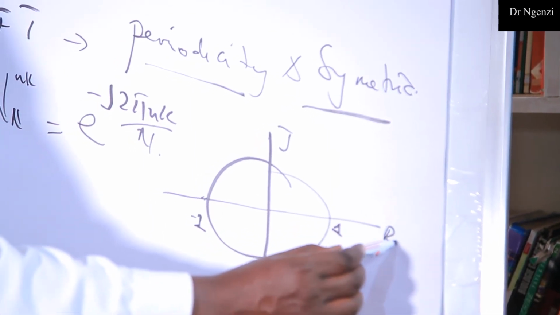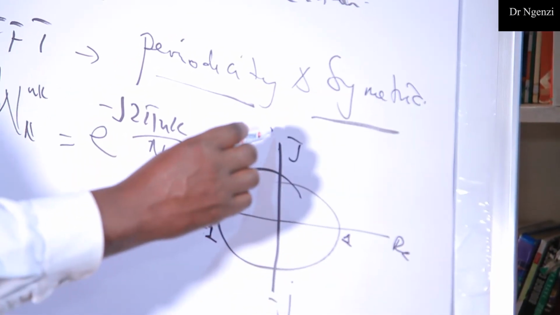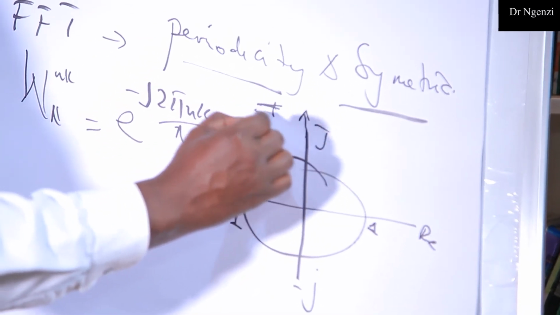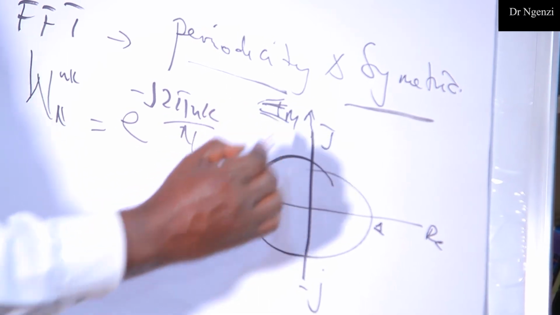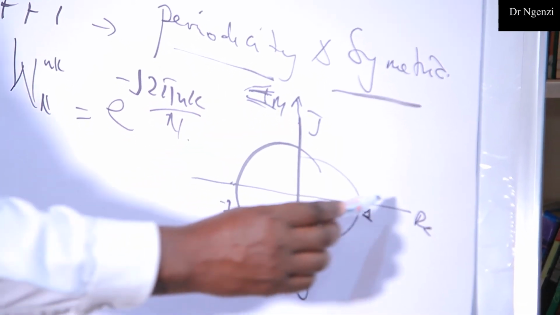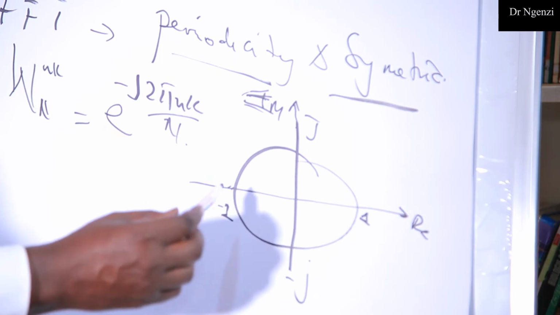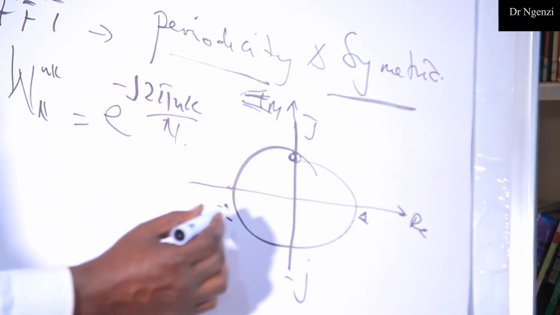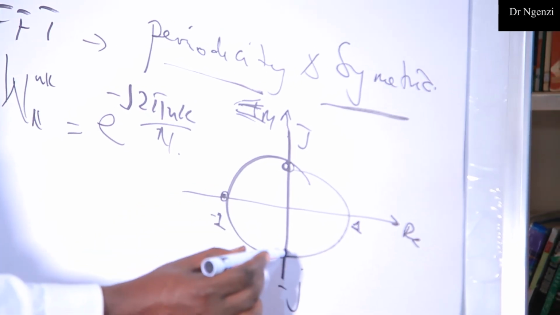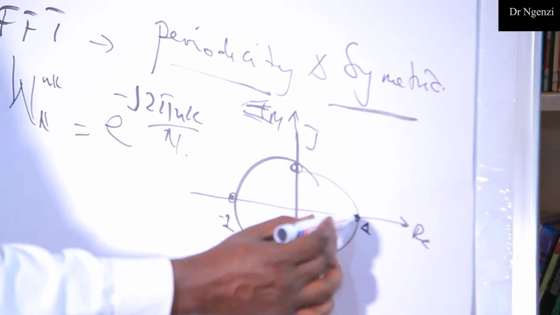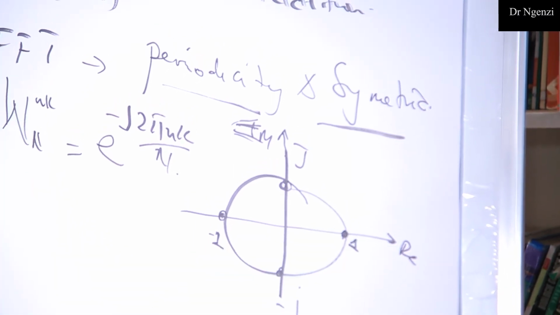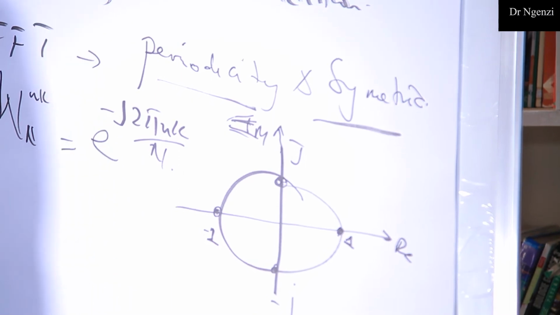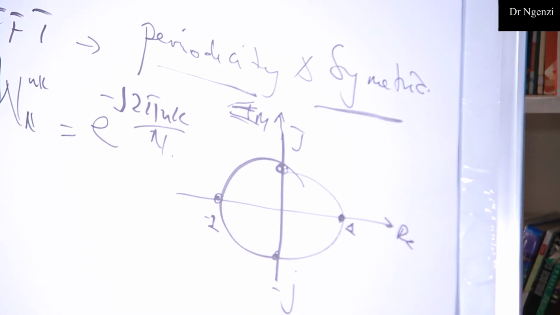Remember, these are real values, the positive numbers, and this is the imaginary number in this case. So we have such points from the origin. You can have a point here, here, and here, so we have 4 quadrants, 4 portions of a cycle, whereby you can arrange according to any values.